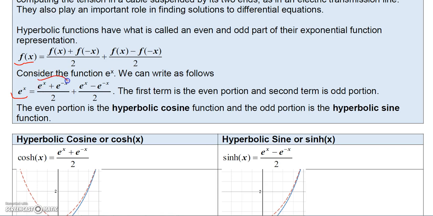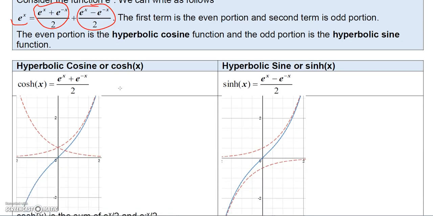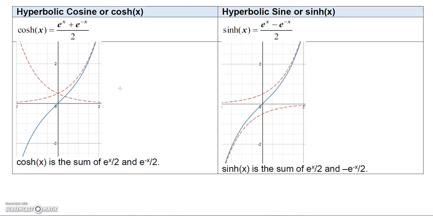The first term of this expression is what we call the hyperbolic cosine, and the second term is what we call the hyperbolic sine. So the hyperbolic cosine is e to the x plus e to the minus x over 2, and the graph here just shows that to graph it you just add e to the x over 2 to e to the minus x over 2, and then you get the graph.